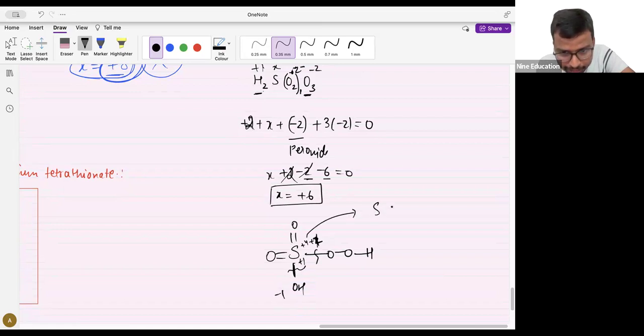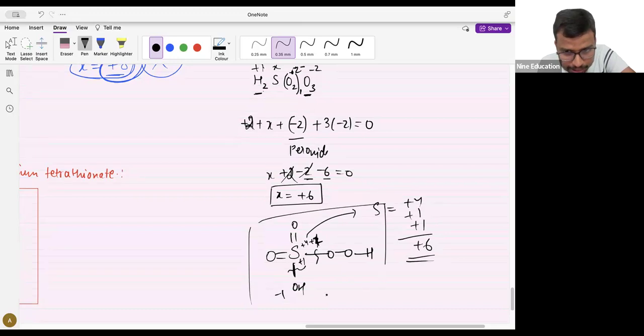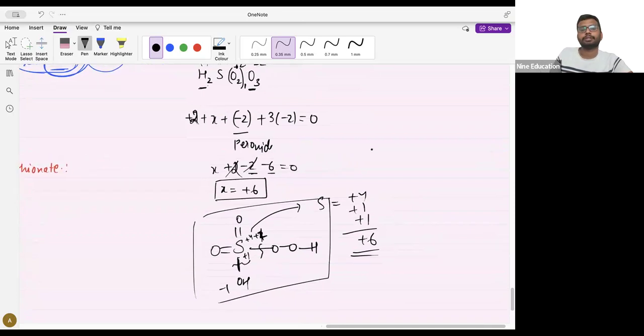So the total sulfur will be +4 from these 2 oxygens, +1 from peroxide, and +1 from OH. So the total will be +6. This is from the structure, beta.